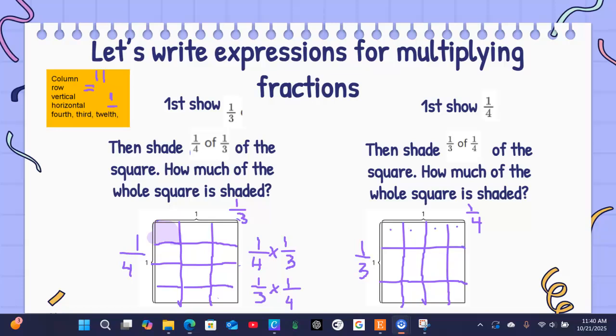And I could also, on this side, write 1/4, 1/3 times 1/4. All I'm doing is matching up the expression that I have right here. The multiplication symbol is going to represent the word "of."